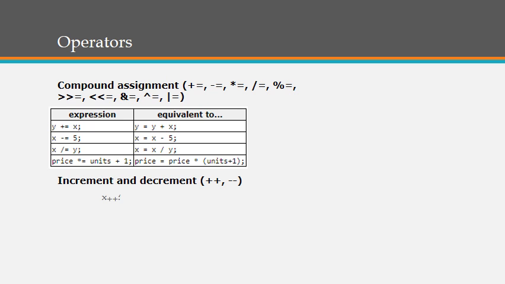We also have compound assignment operators, and they modify the current value of a variable by performing an operation on it. They're equivalent to assigning the result of an arithmetic operation to the first operand. Some expressions can even be shortened more, and we'll see them in a little bit.